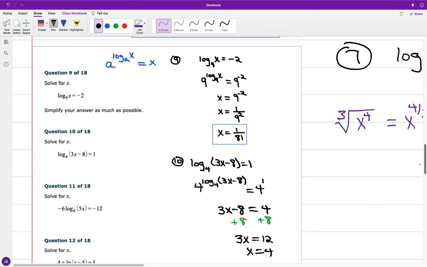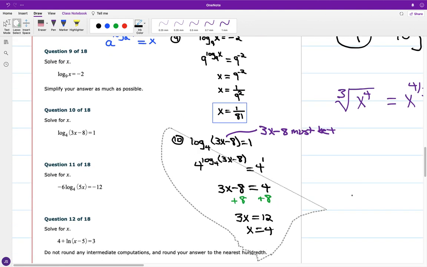And let me just mention, if I get too far ahead, from this one, x had to be positive, and likewise 3x minus 8 had to be positive as well. With x at 4, 3 times 4 is 12 minus 8 is 4, so 3x minus 8 was definitely positive.